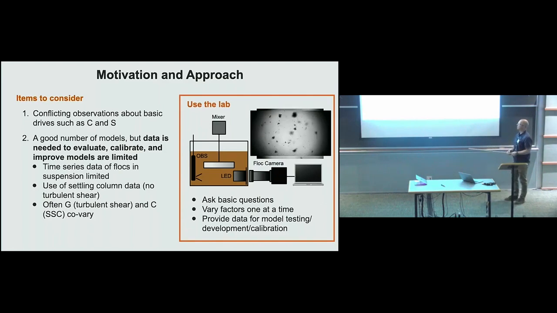And so what we started to do was measure flocs as they exist in a suspension in the lab. The way we found that seemed to work best was with a camera system. There are different ways to measure the size of small particles, which many of you know. One classic way is to use laser diffraction techniques, where you look at scattering of light from lasers.